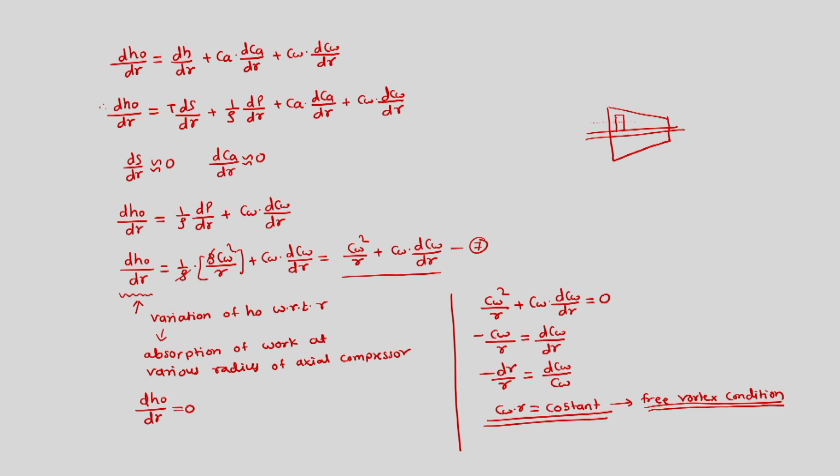We can work at any height, it corresponds to any radius, but all our derivations till now for the pressure rise and stage temperature rise were related to the velocity triangle drawn at mean height. But if we plot velocity triangles at different heights with the constraint of free vortex condition, then we will have Cw into R as constant. So we will see its repercussion.